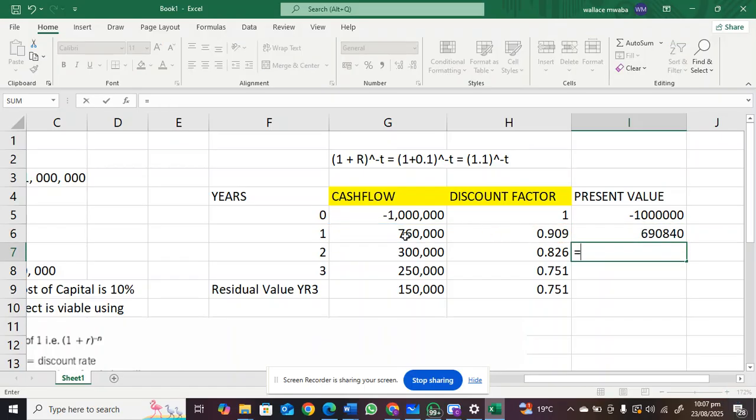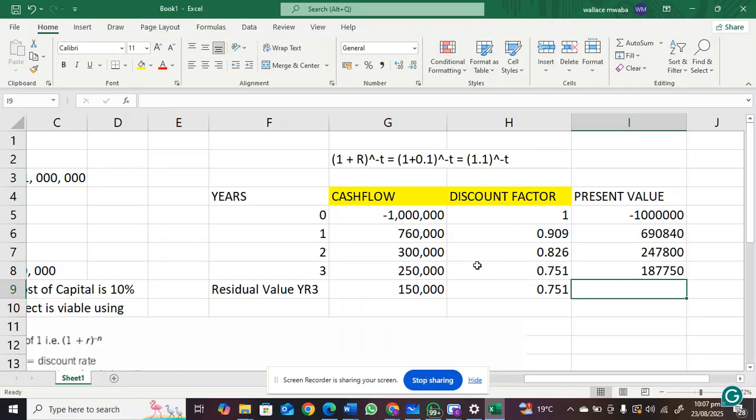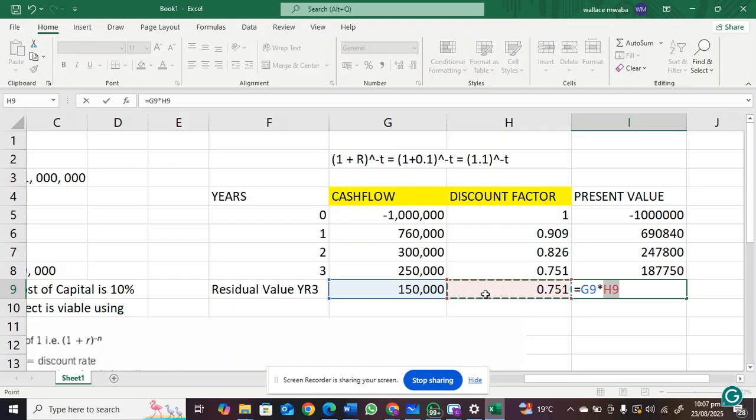You get that number. 300,000 multiplied by 0.826. You get that. 250,000 multiplied by 0.751. You get that. We just continue with the process.